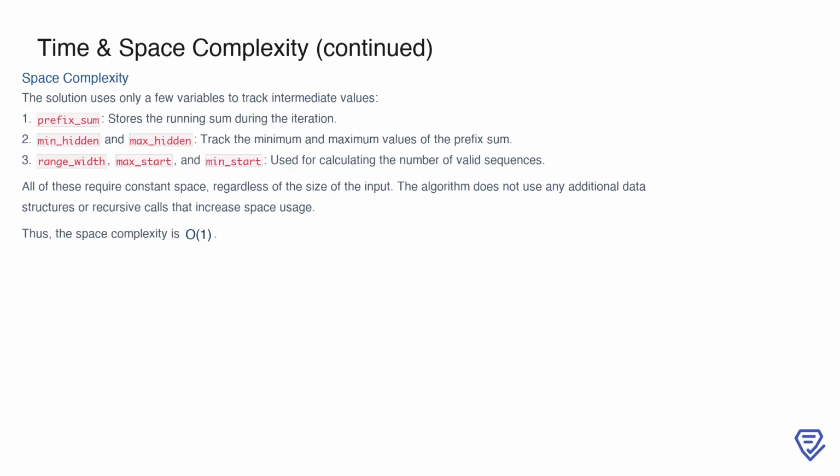Additionally, variables such as range_width, max_start, and min_start are used in the final calculations to determine the number of valid sequences. Since none of these variables depend on the size of the input and no additional data structures or recursive calls are introduced, the space usage remains constant. Therefore, the space complexity of the solution is O(1), making it highly efficient in terms of memory usage.